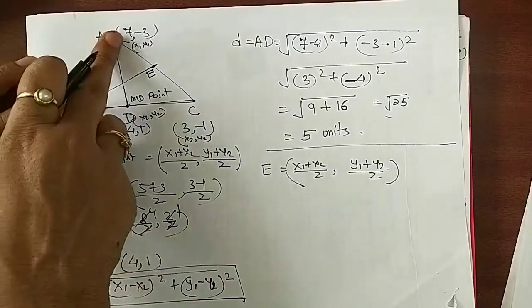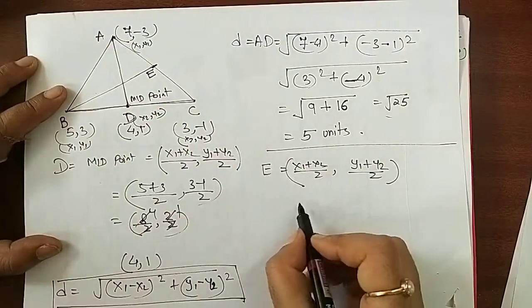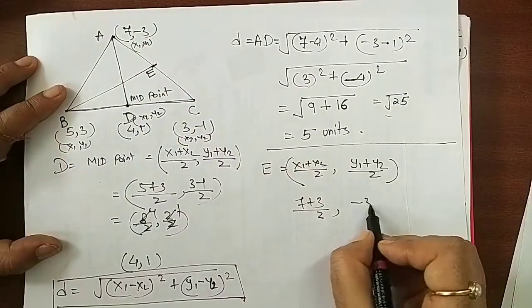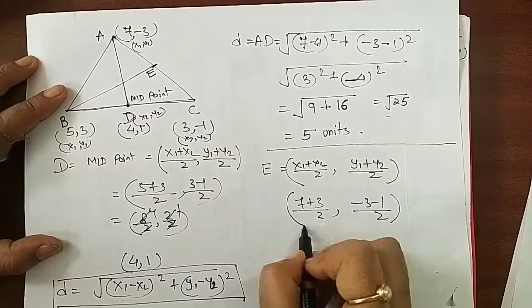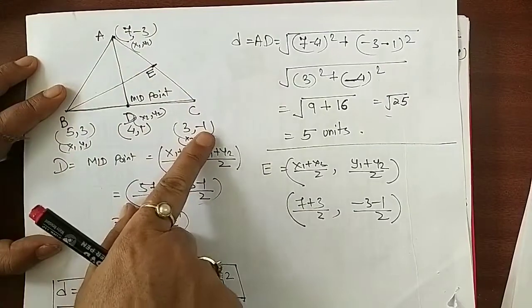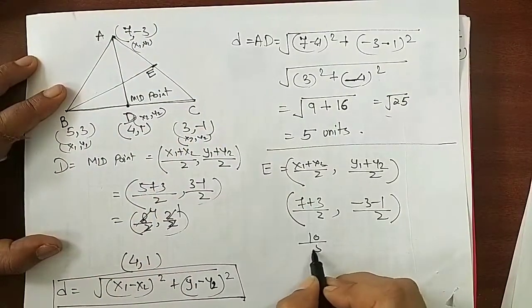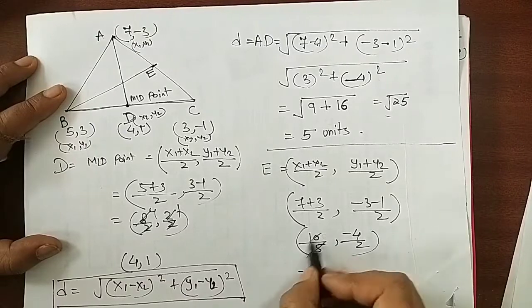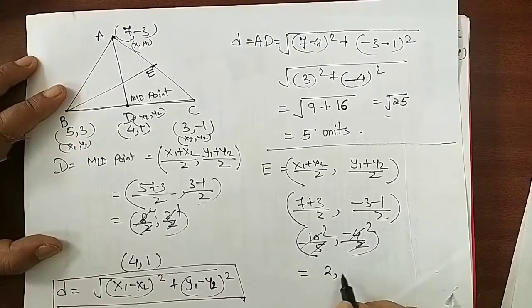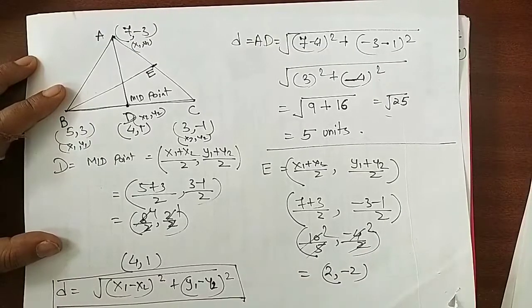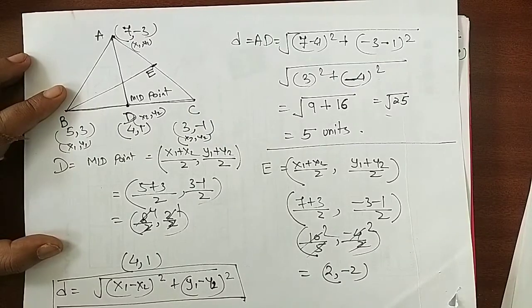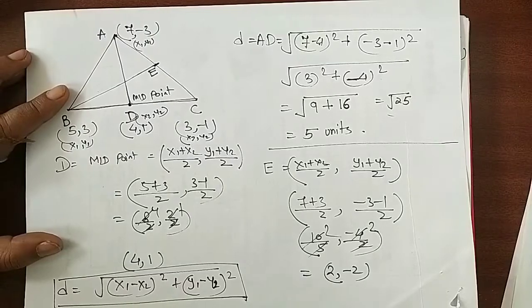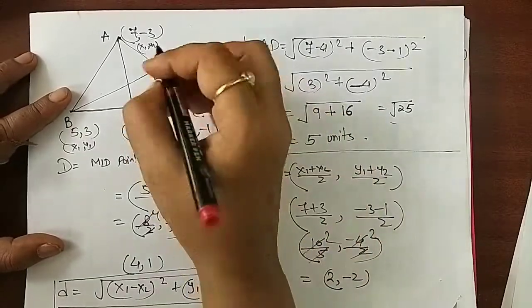Here it is 7 plus 3 by 2, and minus 3 minus 1 by 2. Minus 3 is y1, y2 is minus 1. That is 10 by 2 comma minus 4 by 2. If I solve it, this will be 5 comma minus 2.